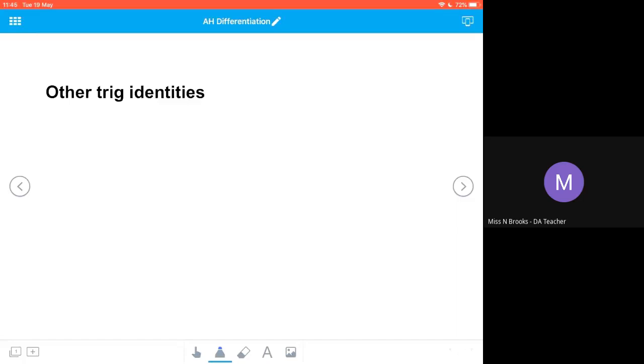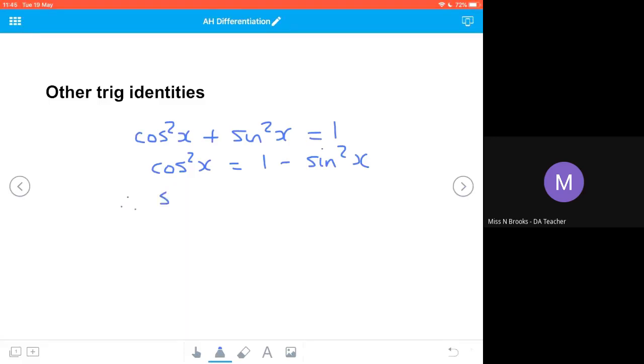Now, the other trig identity that we need to remember going all the way back to Nat 5 is that cos squared x plus sine squared x equals 1. And if we rearrange that to get cos squared x equals 1 minus sine squared x, we can derive that sec squared x is going to equal 1 plus tan squared x.